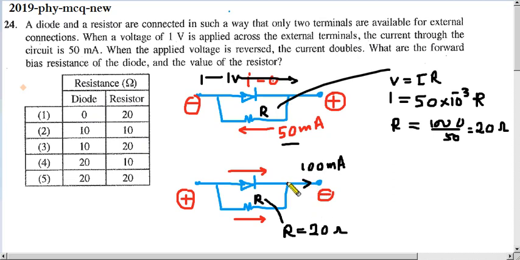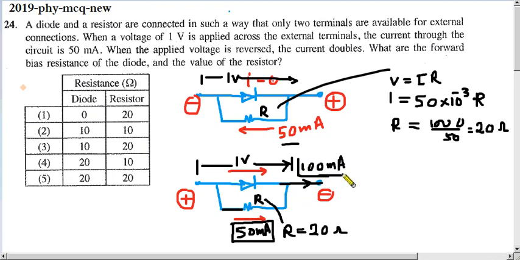So now they say the total current is 100 milliampere. We know this resistor alone conducts 50 milliampere. Why? The second time also the voltage given is 1 volt. They have not changed the voltage, neither the value of R, so the current must be the same as earlier. Only the polarities are changed, which doesn't influence the resistor, so the current through the resistor alone must be 50 milliampere.